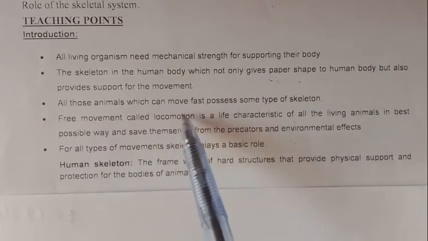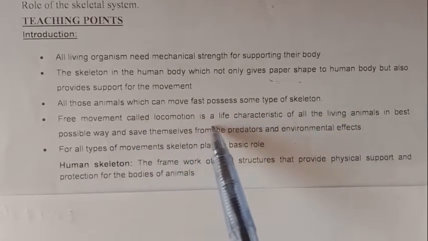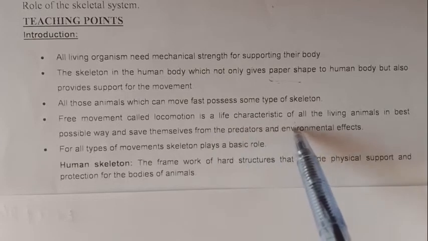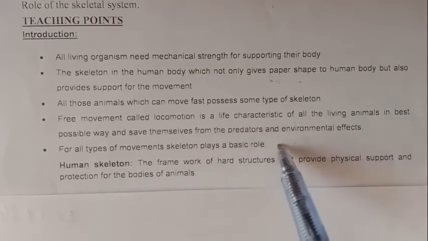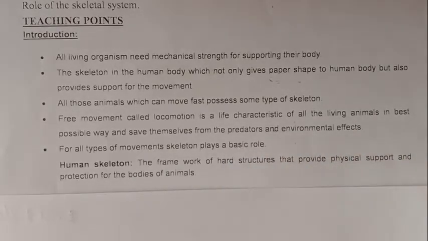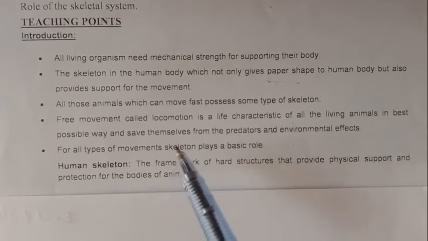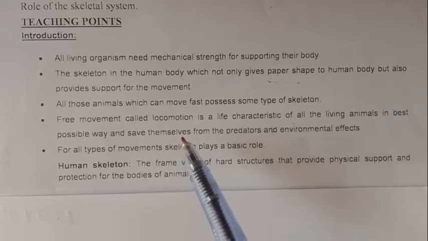All those animals which can move fast possess some type of skeleton. Free movement is called locomotion. It is a life characteristic of all living animals, which helps them save themselves from predators and environmental effects. So locomotion is the movement in which animals change their position from one point to another.